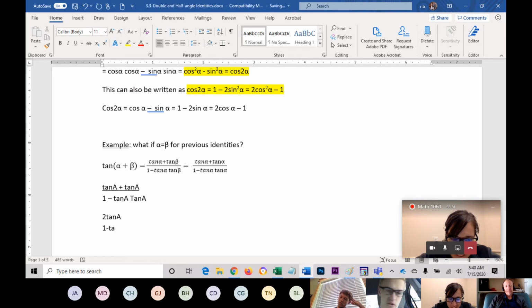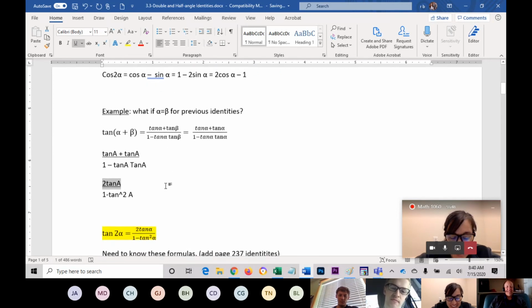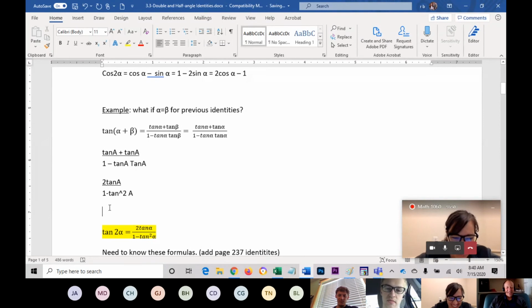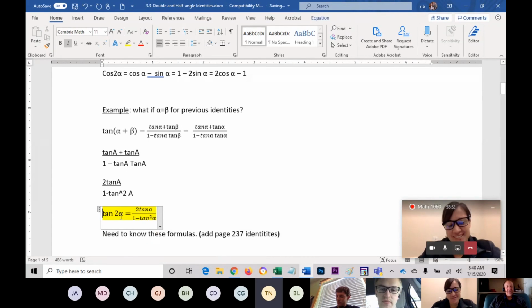Nope. Tangent times a tangent is? Oh, tangent squared of alpha. Okay, Nicole, do you feel pretty proud of yourself that you just created a new identity to memorize? Yes. Thanks for your help. All right, the tangent of 2 alpha equals 2 tangent alpha over 1 minus tangent squared of alpha.